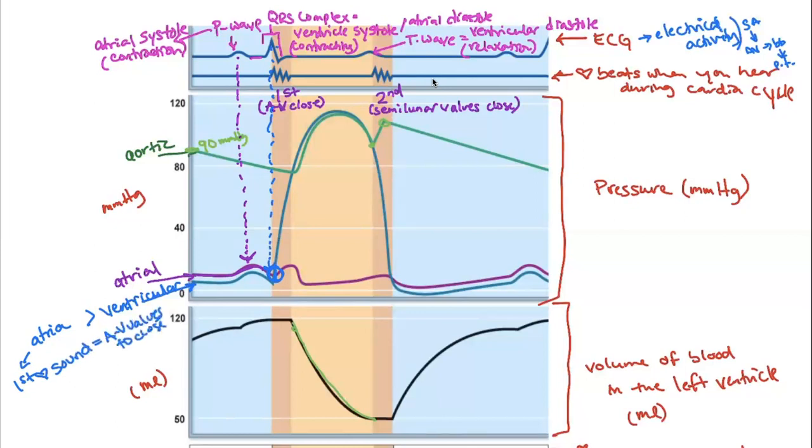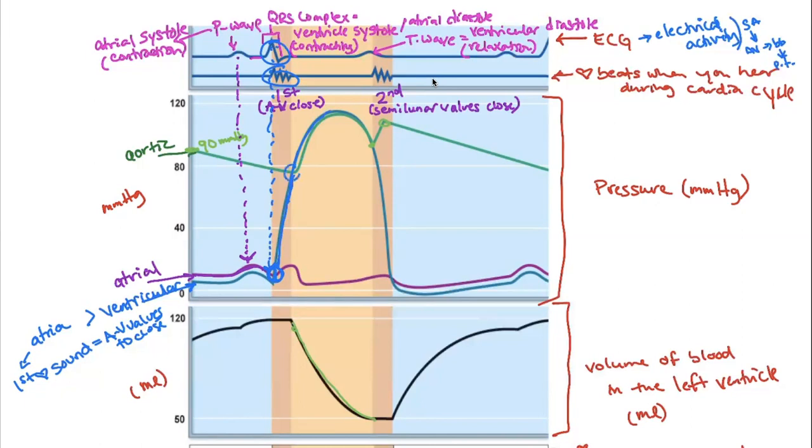And this heart sound here occurs when the ventricle is contracting, and that's causing the pressure to increase and close the AV valves. The ventricular wall is contracting because at this point, the electrical current is traveling down the interventricular septum and going up the side walls of the ventricle, and it's squeezing the ventricle.